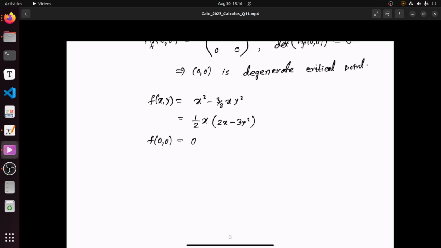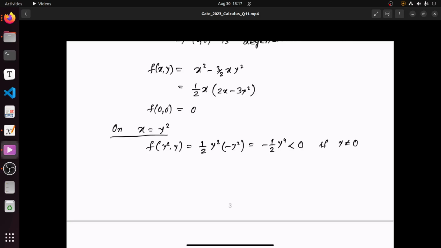If you take x equals y squared, then f(y squared, y squared) will be half y squared, and if you put x equals y squared, you will get minus y squared, right? So this is basically minus 1/2 y to the power 4, which is strictly less than 0 if y is not 0, right?